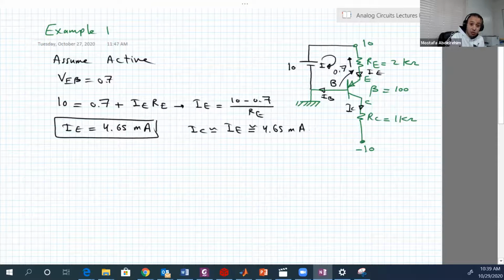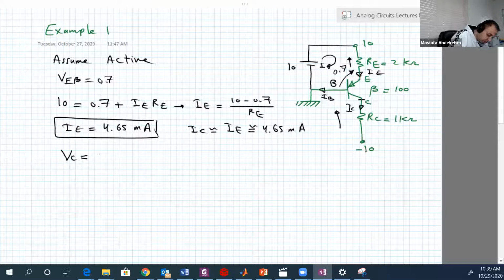Now we need to check that our assumption is correct. So we must calculate VC, the voltage of this point. IC is flowing in that way, so this is the voltage across the resistor.